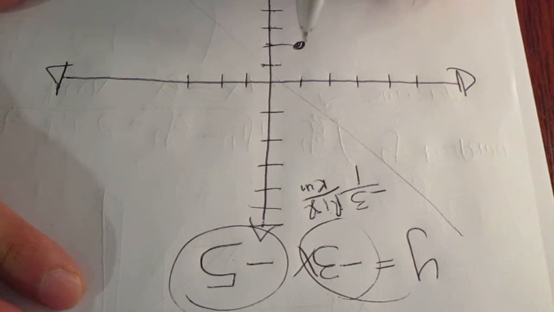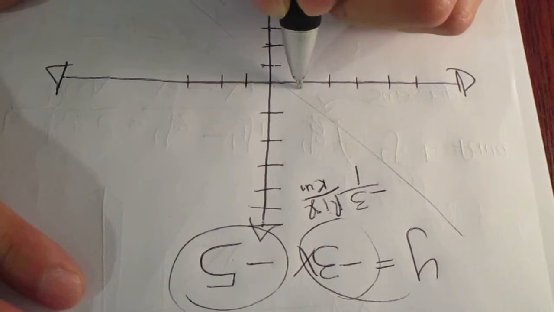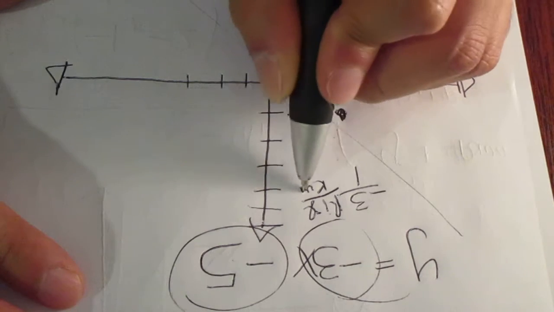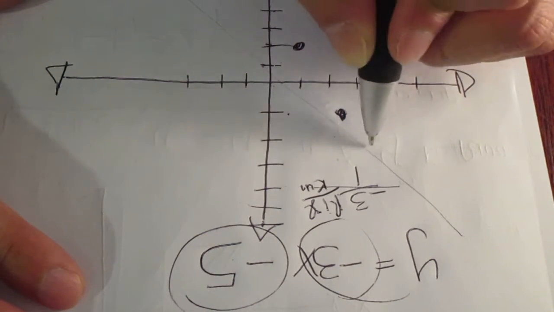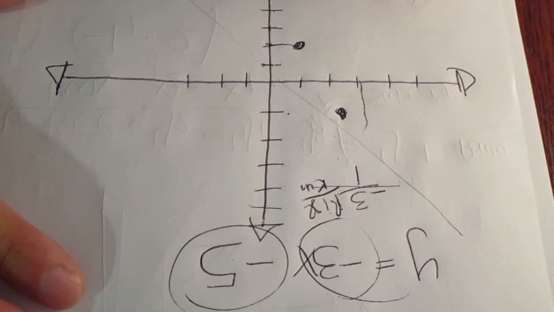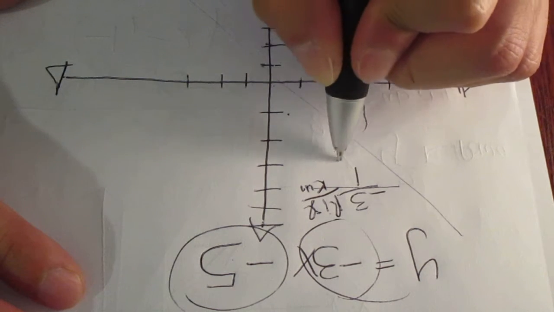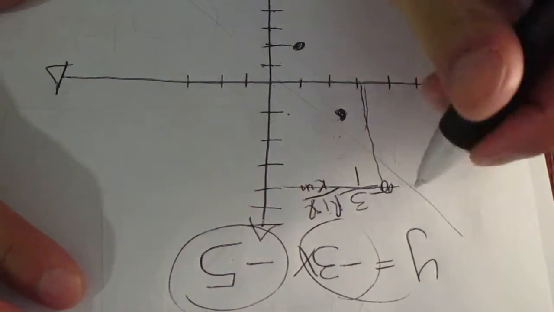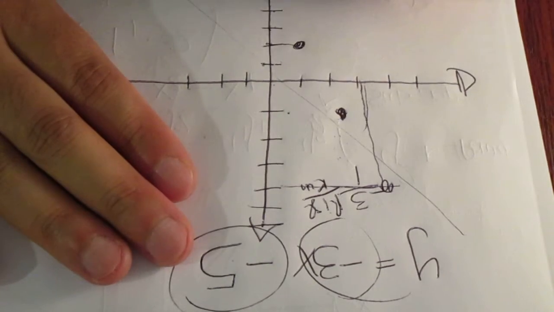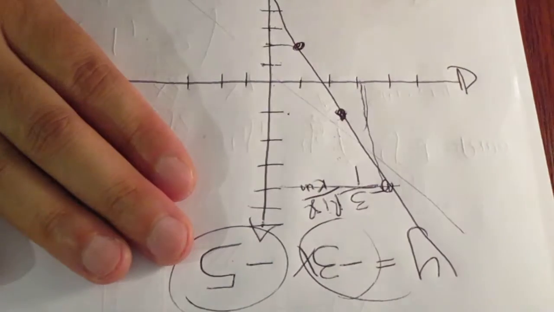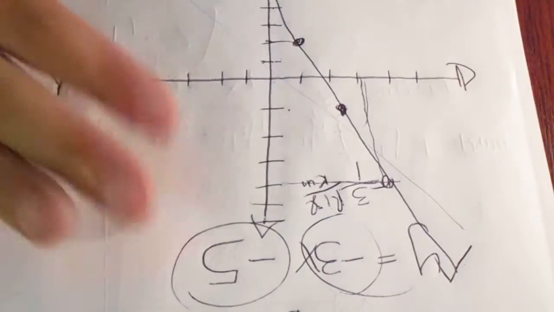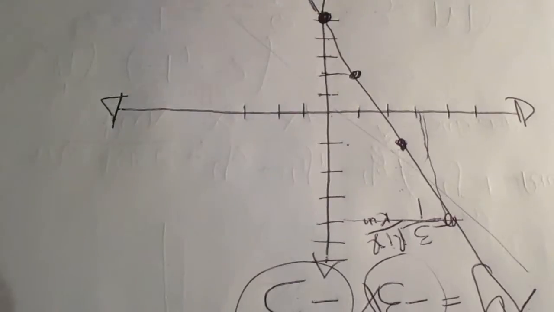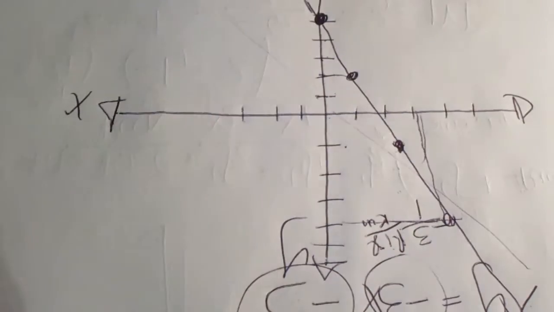So we go up 3 more, left 1. Right here. So it's going to look something like this. Here's my x-axis and here's my y-axis.